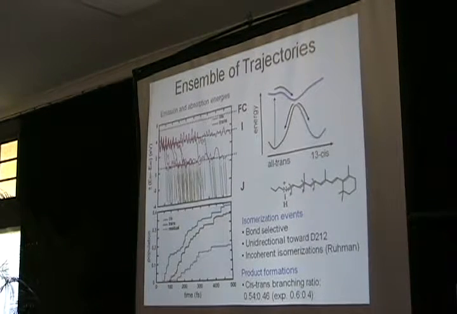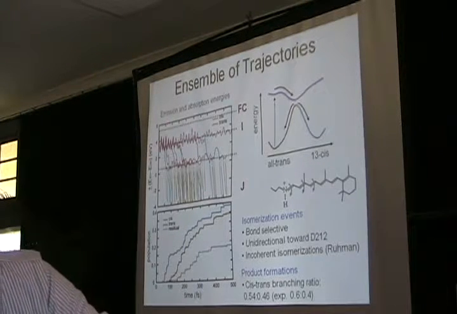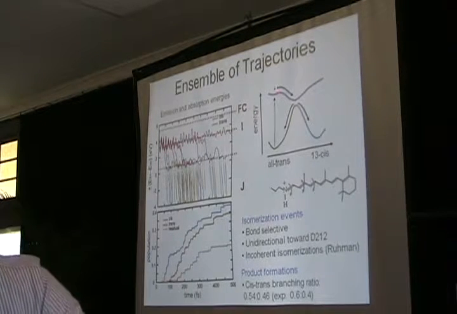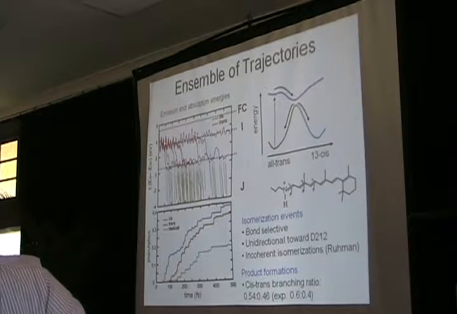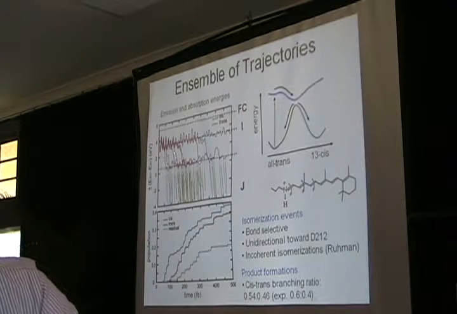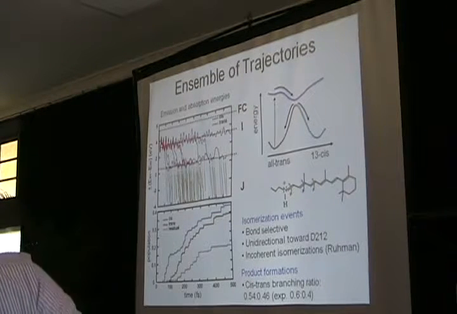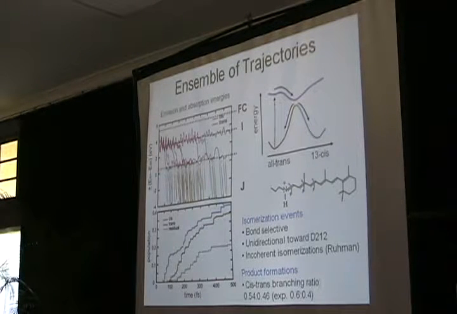And these are the ensemble of trajectories. I'm plotting the time evolution of the energy difference between the excited state and the ground state, which correspond to emission and absorption energies. This is the time. Essentially, these vertical lines correspond to the rotational motion, so we have isomerization this way.